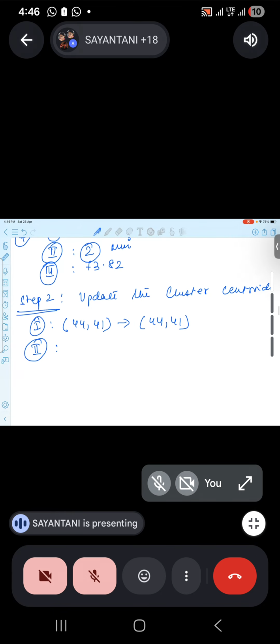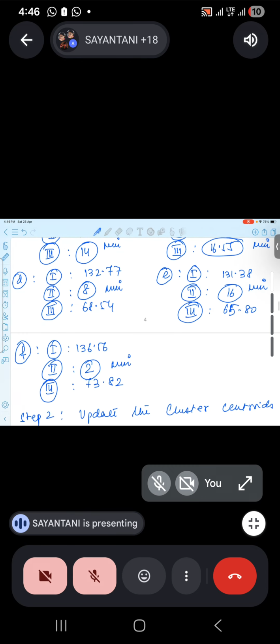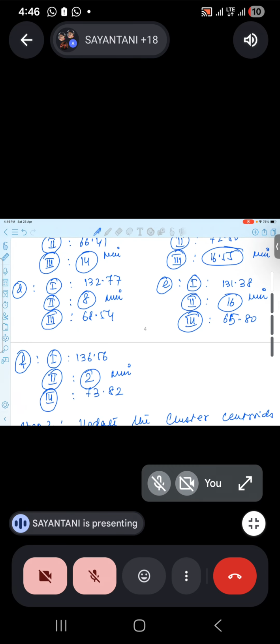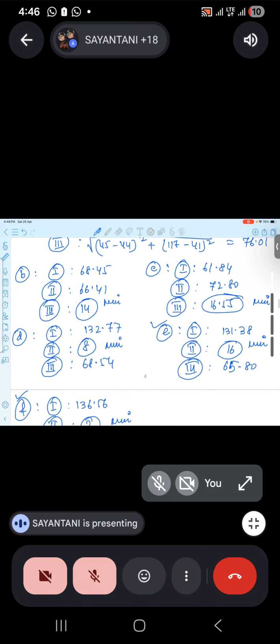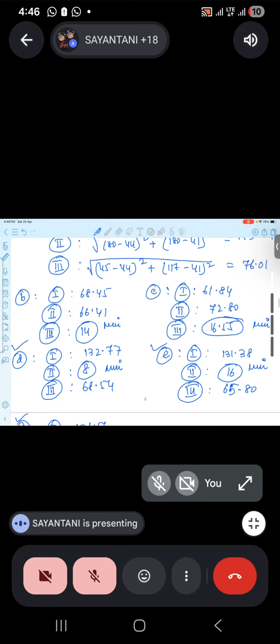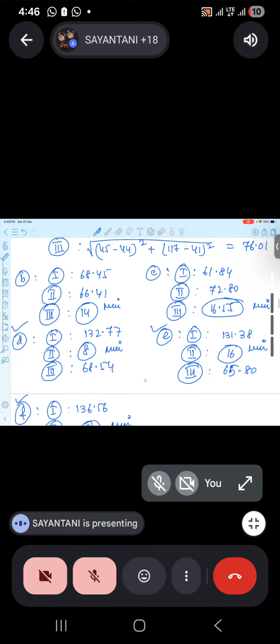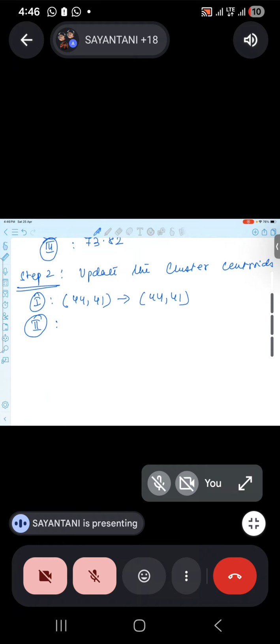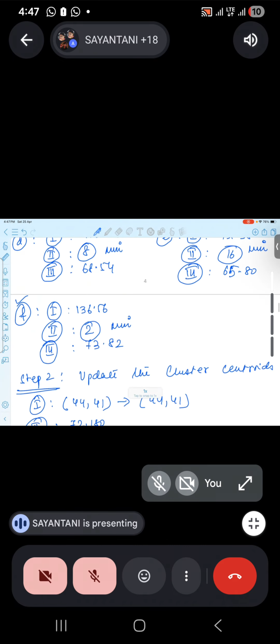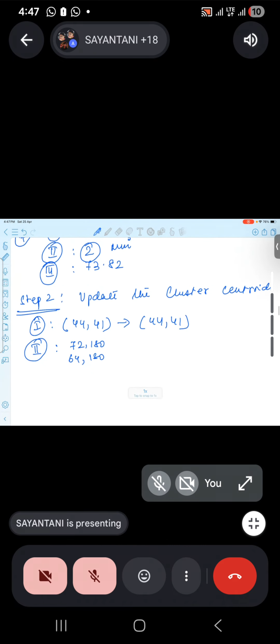For cluster centroid number 2, now 2 is minimum with respect to which coordinates? F is there, then E is there, and then D is there. Rest, 2 is not minimum. So I'm going to take the coordinates for D, E, and F: 72, 180; 64, 180; and 80, 182.